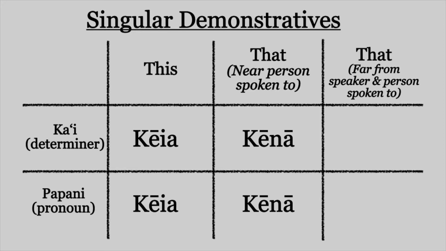And finally, our demonstrative that, when the object is far from the speaker and the person being spoken to, as a ka'i, ke la, such as ke la keiki, that child over there. As a papani, also ke la, such as he keiki ke la, that is a child over there.